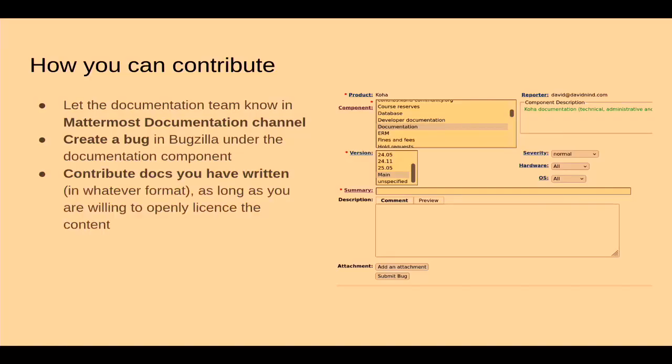If you want to contribute documentation that you've written in whatever format, as long as you're willing to openly license it so that we can use it, we're happy for you to send it to us in any way you find convenient, whether it's attaching it to the bug, attaching it in the documentation channel, or sending it to our emails.